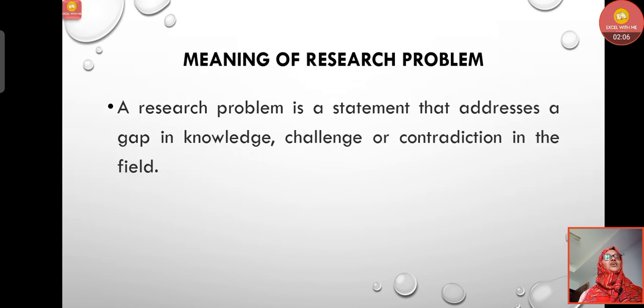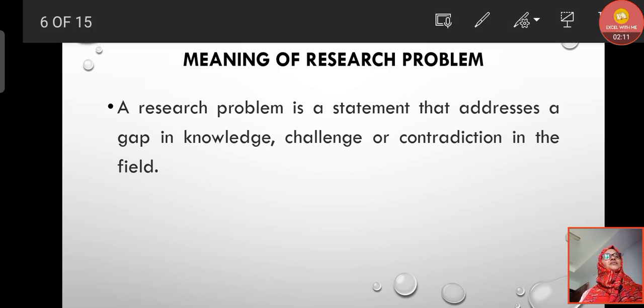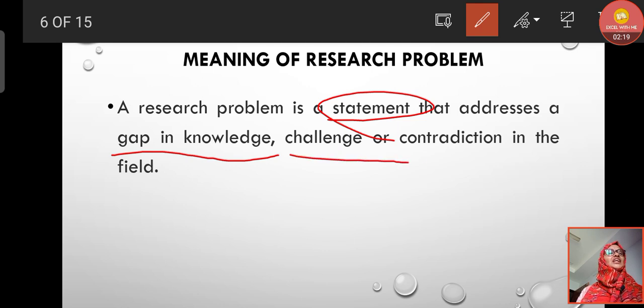Now let's understand the meaning of research problem here. A research problem is a statement. Actually, it's a statement that addresses a gap in knowledge or a challenge or contradiction in the field, whichever field you want to study about, maybe anthropology, sociology, philosophy or technology, teacher education, distance education, or any area for that matter, maybe school education, higher education, secondary level education, whatever area you want to study about.